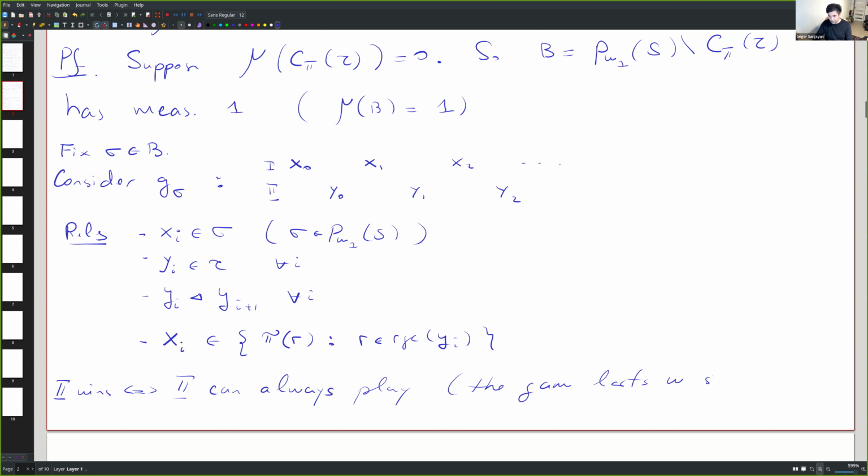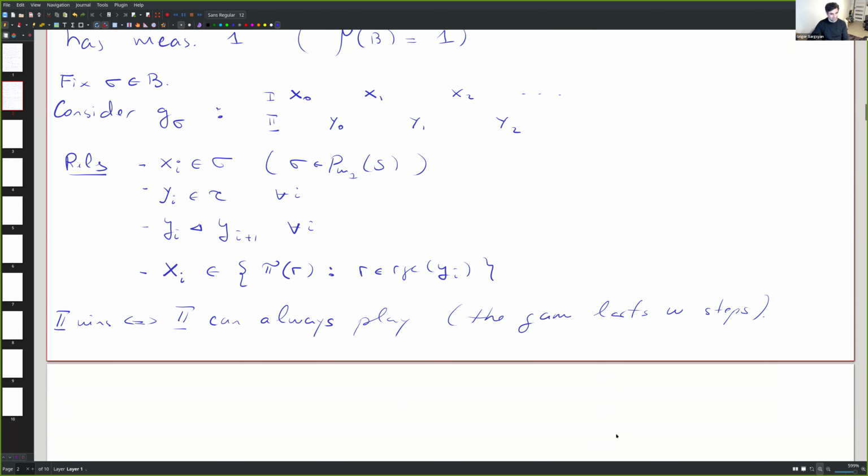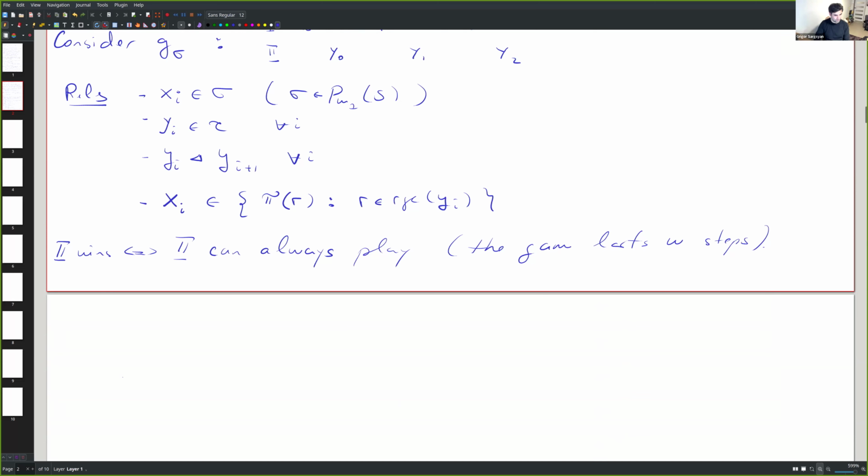Okay, so it's closed for 2, open for 1, right? It's closed for 2 because in each step, whether she lost or not just depends on the play up to that point. Nothing else. So it's closed for 2, and it's open for 1. Okay, so that's the remark.